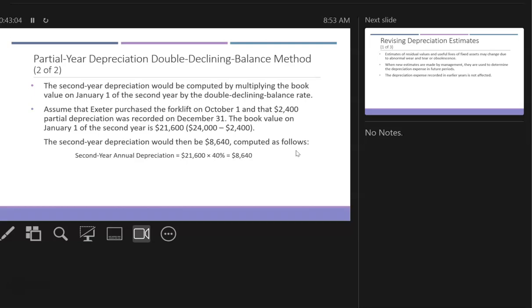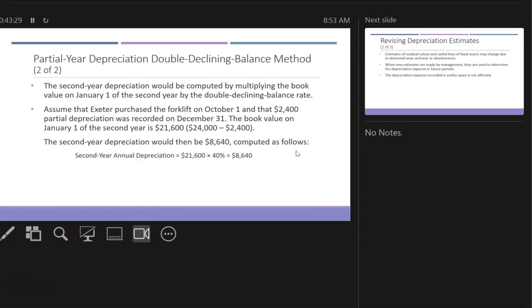The second year of depreciation in double declining will be taking that adjusted book value times the declining rate. So in year 1, the amount might be a little smaller because it's only been around for 3 months. But in year 2, you're still going to use that same process.